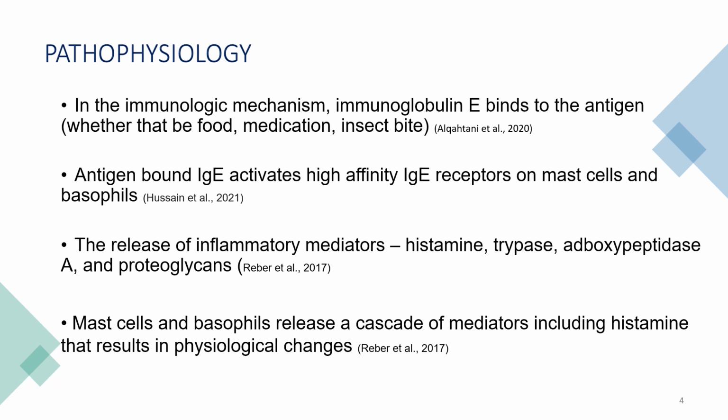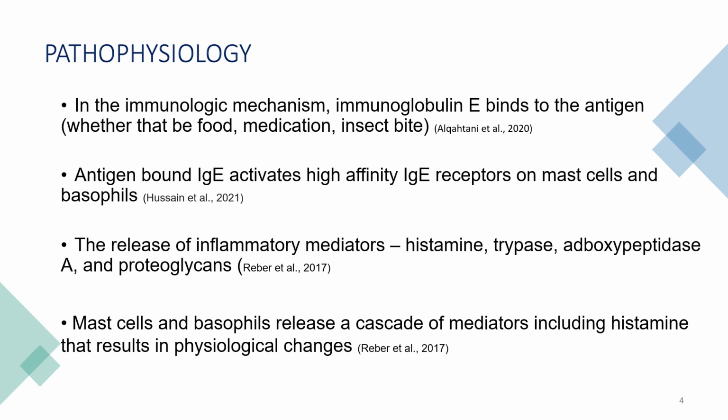Just to understand the context of distributive shock secondary to anaphylaxis, I'll briefly touch on the pathophysiology of anaphylaxis first. In the immunologic mechanism, immunoglobulin E binds to the antigen, whether that be food, medication, or an insect bite. Next, antigen-bound IgE molecules attach to the surface of high-affinity IgE receptors on mast cells and basophils.